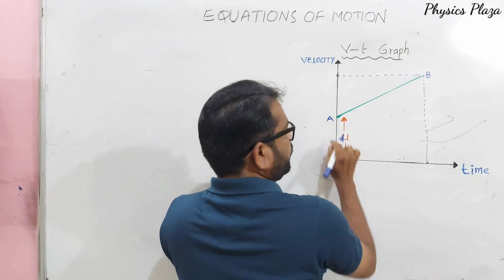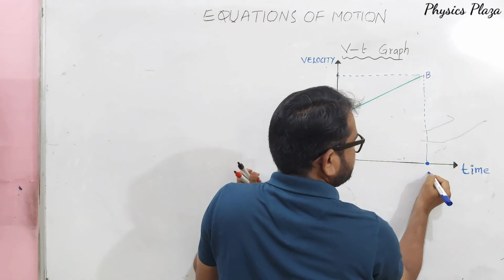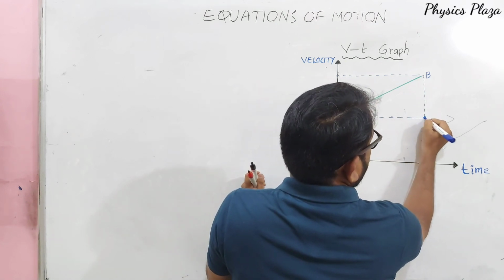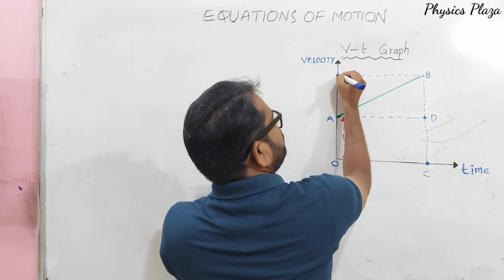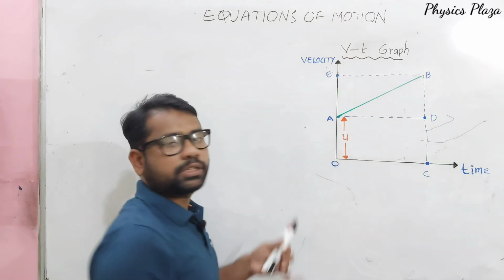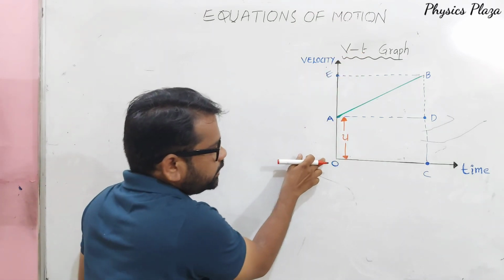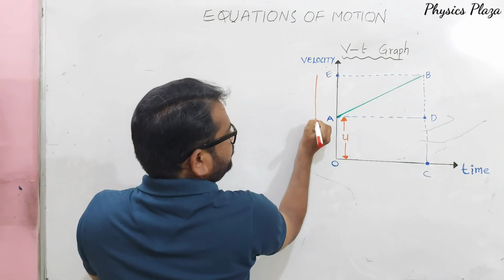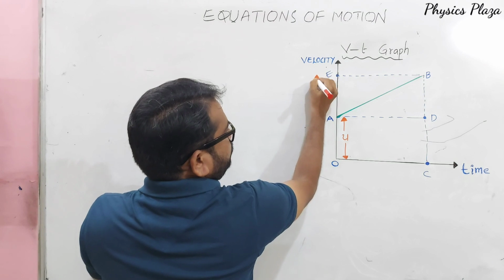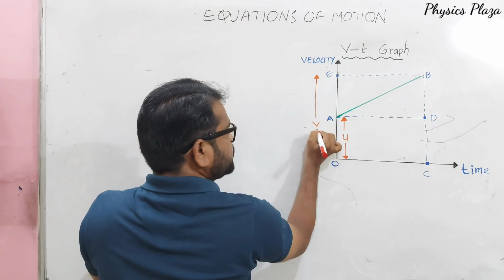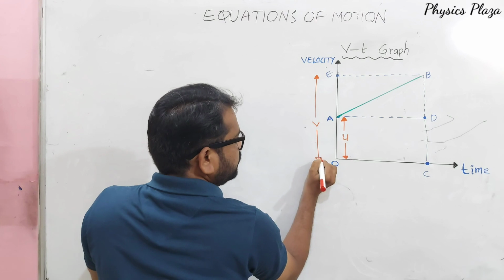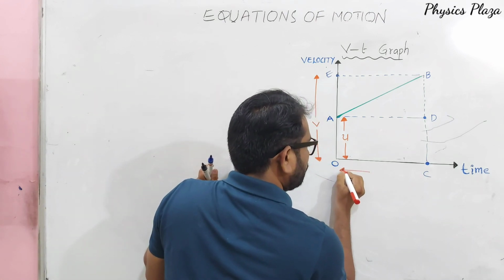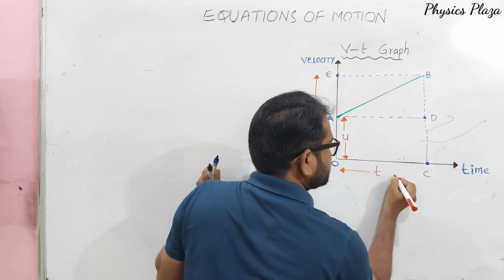Let us name this point C, this point D, and this point E. As I said, OA represents the initial velocity, and OE, it's very important, represents the final velocity, whereas OC on the x-axis will represent t, that is the time.